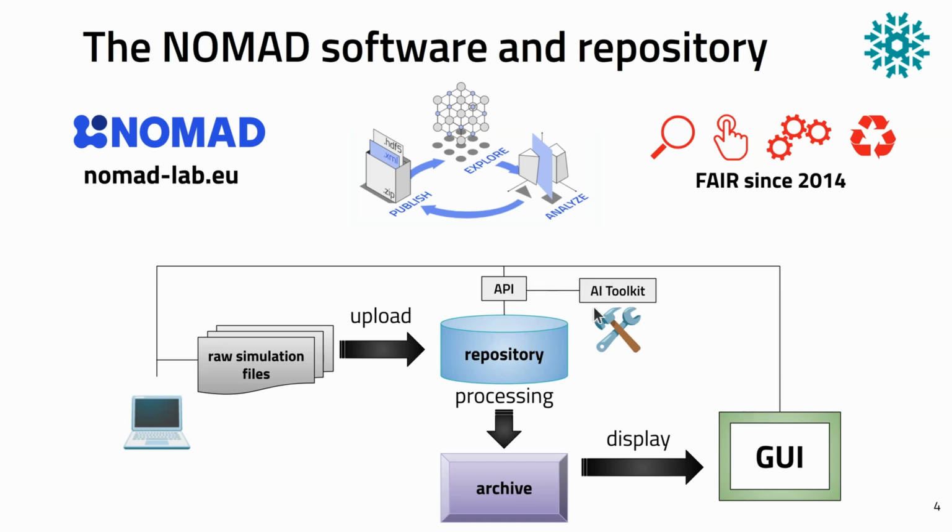And then we have this AI toolkit here, which is essentially a series of notebooks which utilize this API and demonstrate how to perform some machine learning techniques while using the data in the NOMAD repository. So that's the basic idea.